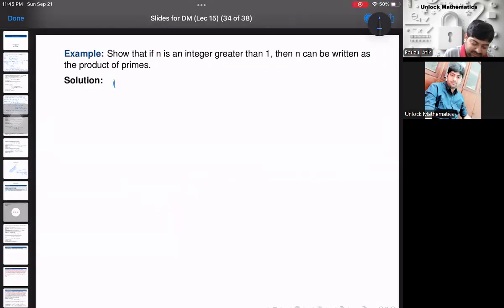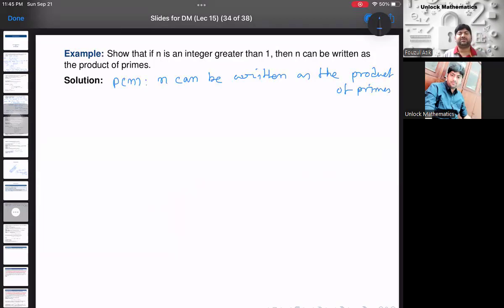Let Pn be the statement that n can be written as a product of primes. So this is our statement Pn, where n is an integer greater than 1.